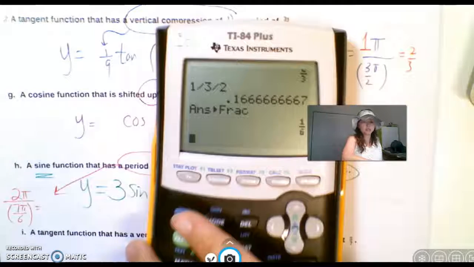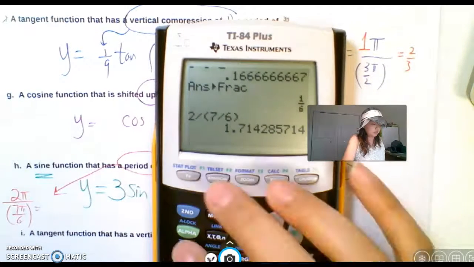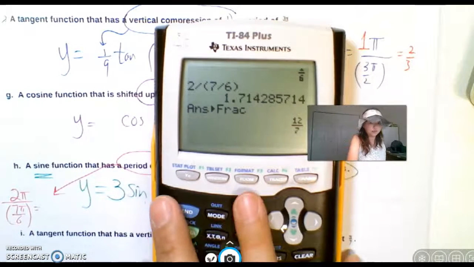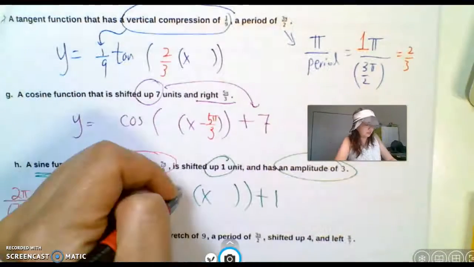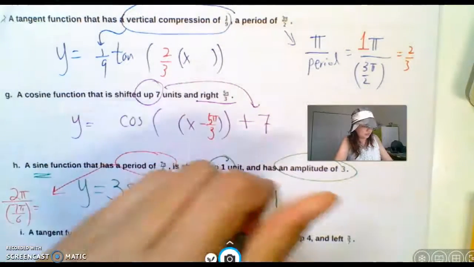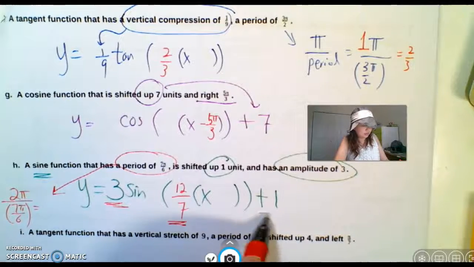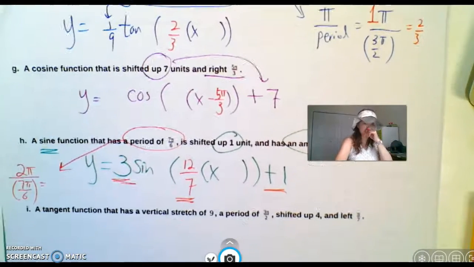Oh boy. 2 divided by, open parentheses, 7 divided by 6. Ugly, ugly. 12 over 7. And am I missing anything? Nope. Amplitude, B, up 1, done.